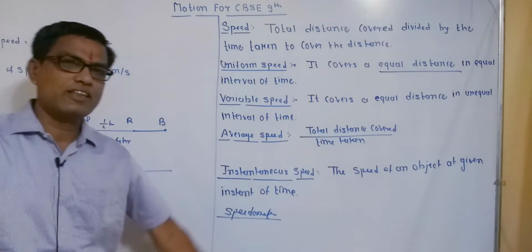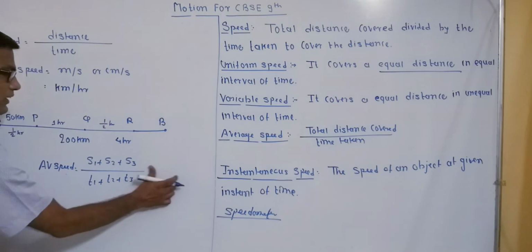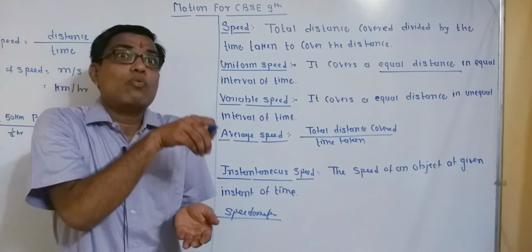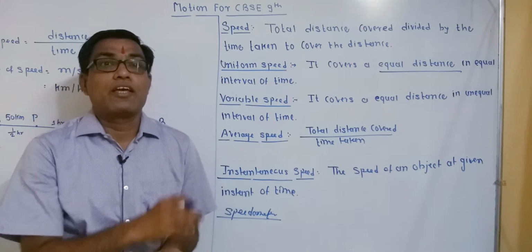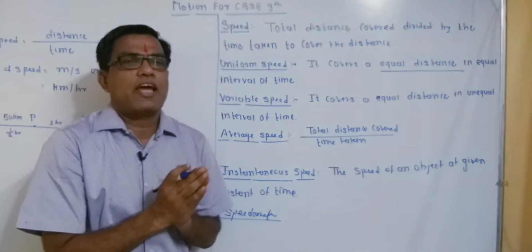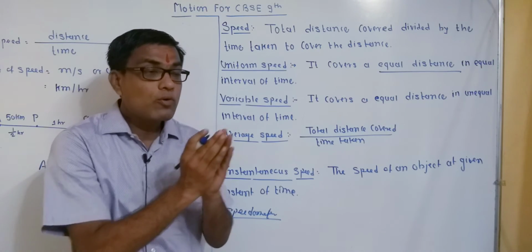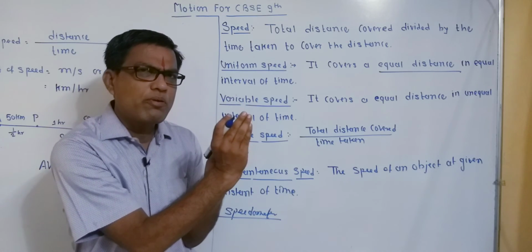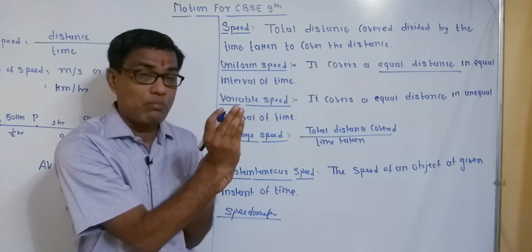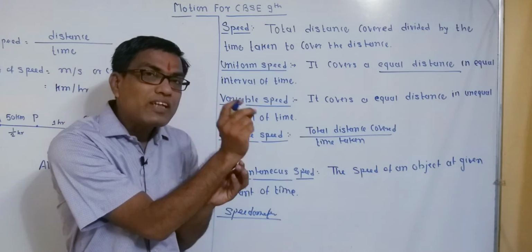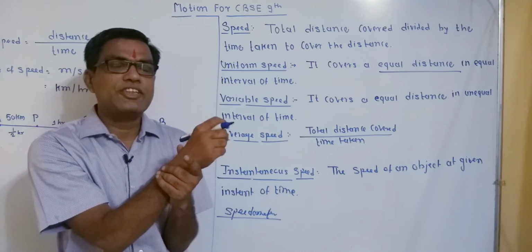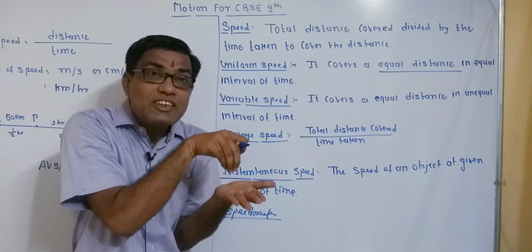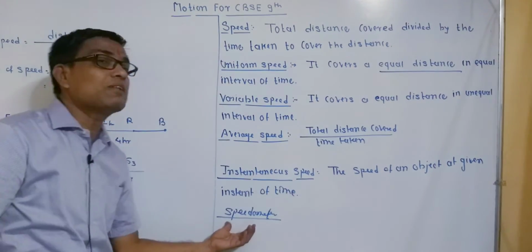Then instantaneous speed. Instantaneous speed is the speed of an object or any body at a given instant of time. जब आप कार ड्राइव कर रहे हैं, बाइक चला रहे हैं, तो जब कार का स्पीड अगर 20-30 किलोमीटर पर आवर है, 30 किलोमीटर पर आवर है, तो उस वक्त कितना स्पीड है किसी भी व्हीकल का एट एनी इंस्टेंट ऑफ टाइम, व्हाट इज द स्पीड, इट कैन बी मेजर्ड बाय स्पीडोमीटर.